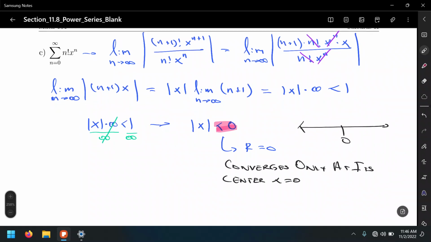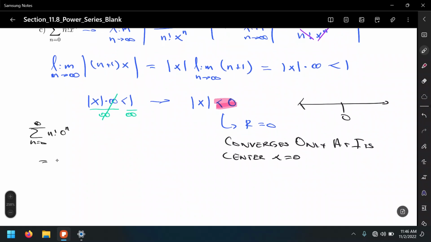Let's plug in x equals 0 and see what happens. Sigma n equals 0 to infinity of n factorial times 0 to the n. Well, what's 0 to the n? Isn't that just 0? Yeah. Even if you keep the 0 there, expand the series. 1 factorial times 0 to the first power plus 2 factorial times 0 to the second power plus 3 factorial times 0 to the third power plus and so on.